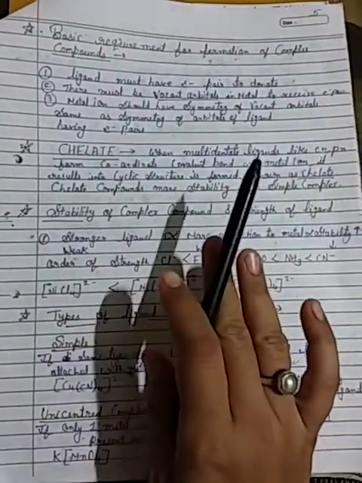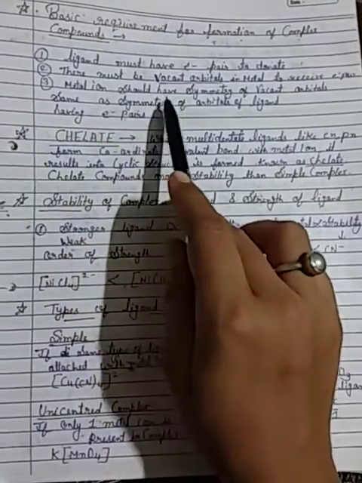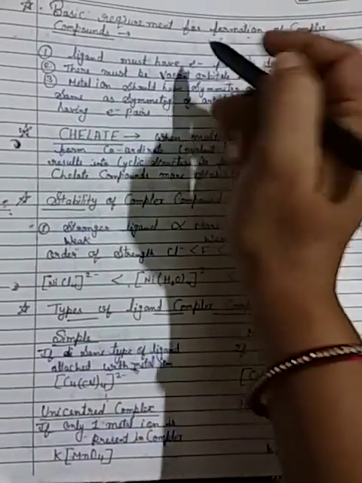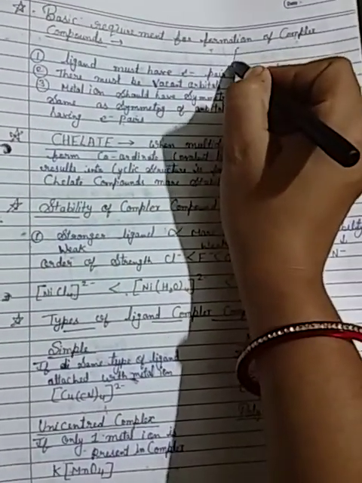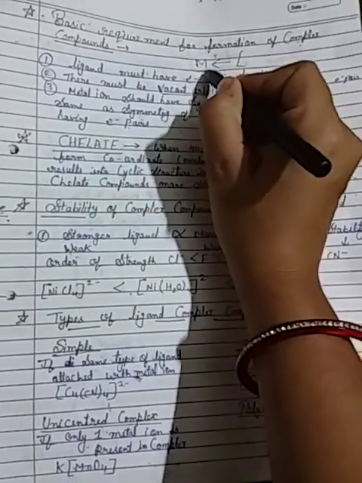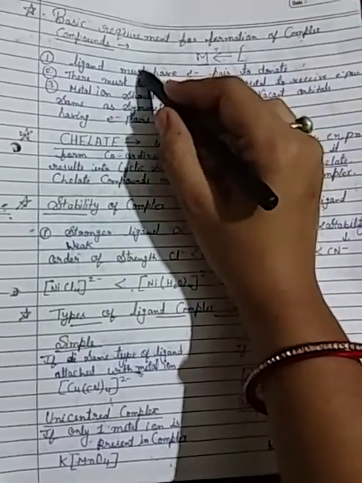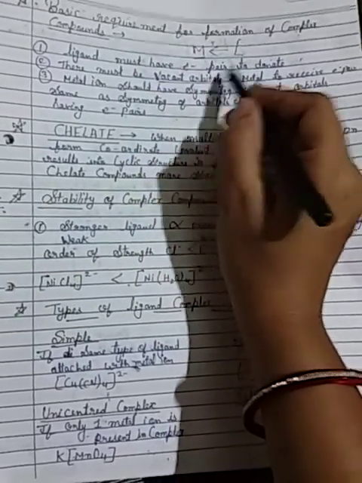If there is no electron pair, coordinate bonds are not formed. Then there must be a vacant d orbital, because the ligand's lone pair is given to the metal, and the metal has a vacant d orbital that accepts the electron pair. So first, the ligand must have an electron pair to donate.